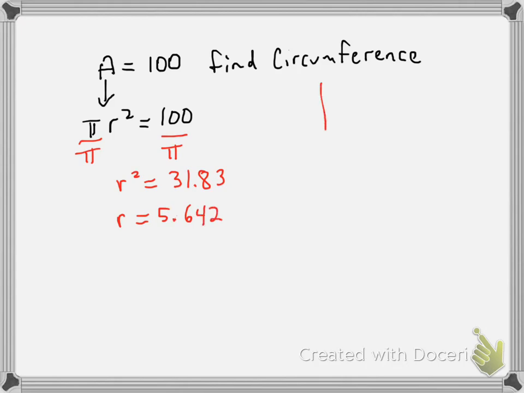Well, we're trying to find circumference. Circumference equals 2 pi r. You get your formulas from your formula sheet. So now it's just a simple substitution.